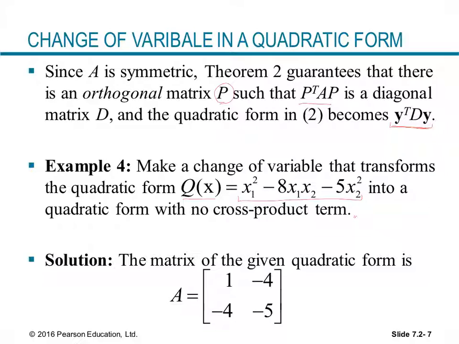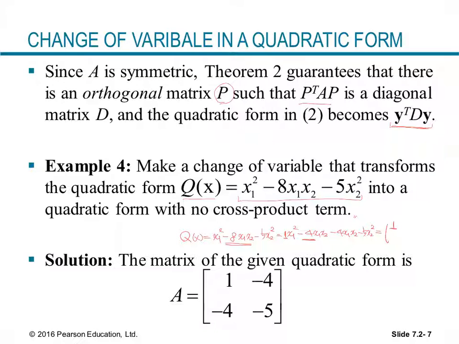Here Q(x) is x1 squared minus 8x1x2 minus 5x2 squared, and we need to split this negative 8x1x2 into two parts: x1 squared minus 4x1x2 minus 4x1x2 minus 5x2 squared. Then the coefficient of x1 squared goes to the first row first column.